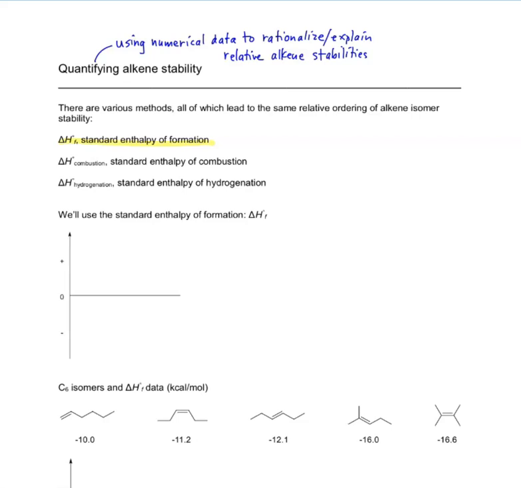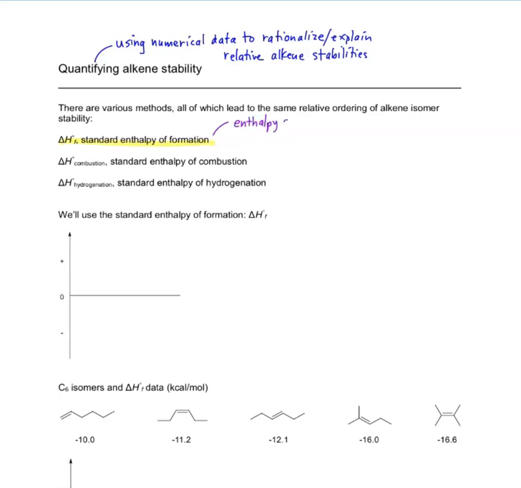Now you learned about this in general chemistry, but just to remind you, this is the enthalpy change associated with the formation of 1 mole of a compound from its elements, with the caveat being that all the substances have to be in their standard state. So let's review that.